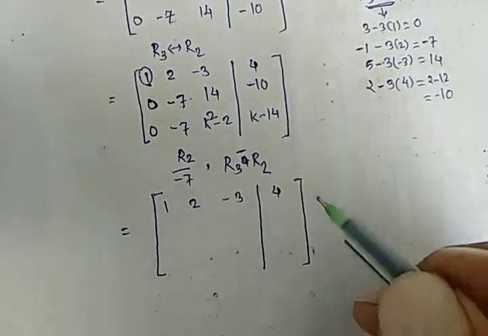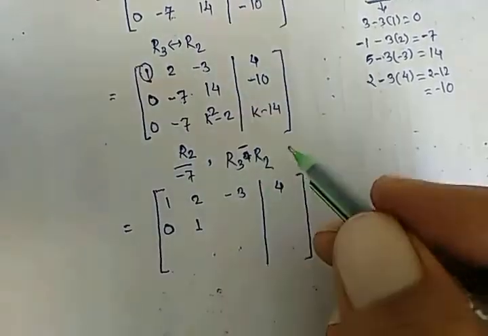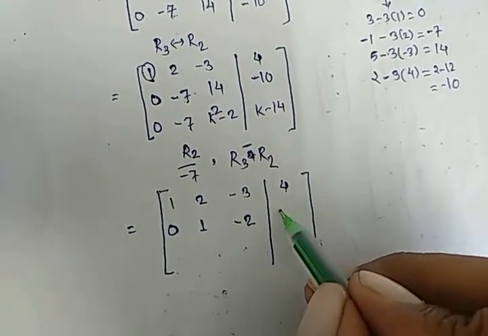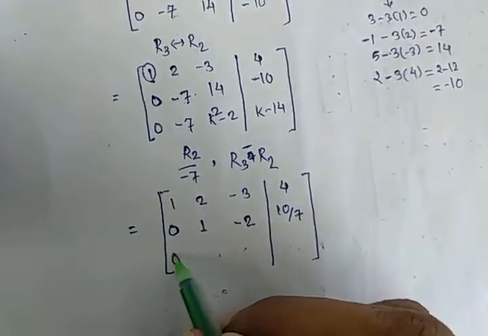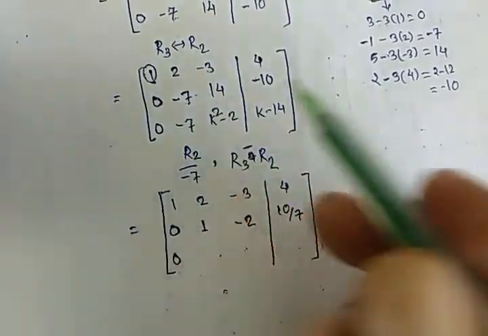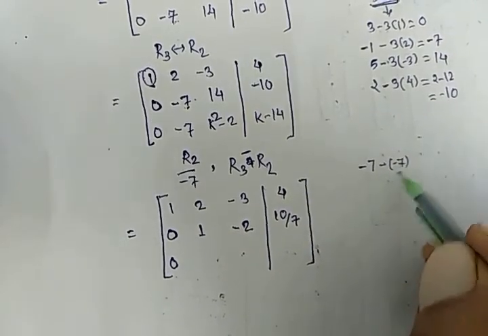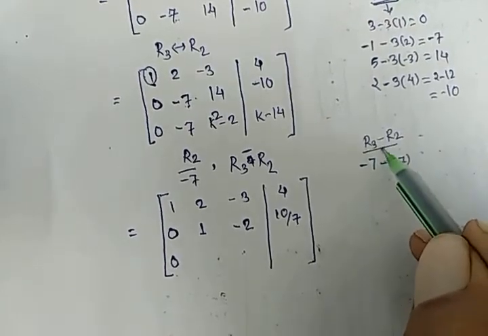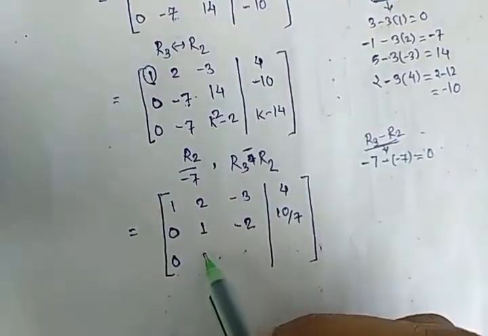In second row it is 0, minus 7 divided by minus 7 is 1, 14 divided by minus 7 is minus 2, minus 10 divided by minus 7 is 10 upon 7. And in last row, 0, minus 7 minus of minus 7, because we are using the R3 minus R2 row operation. So minus 7 plus 7 is 0.